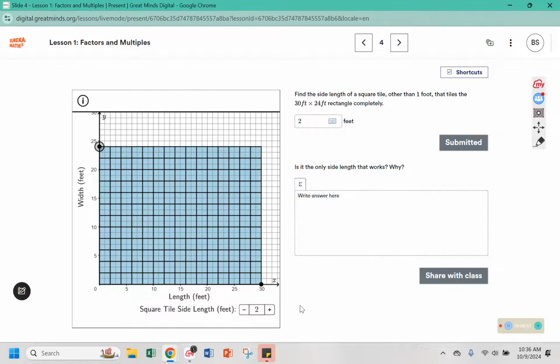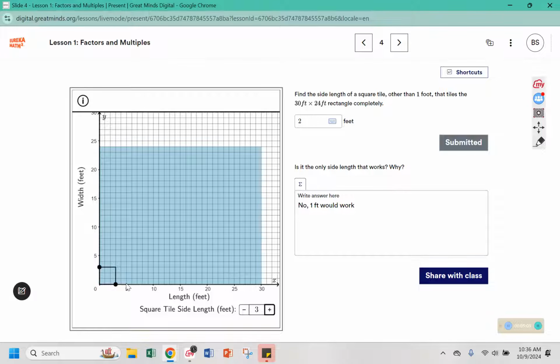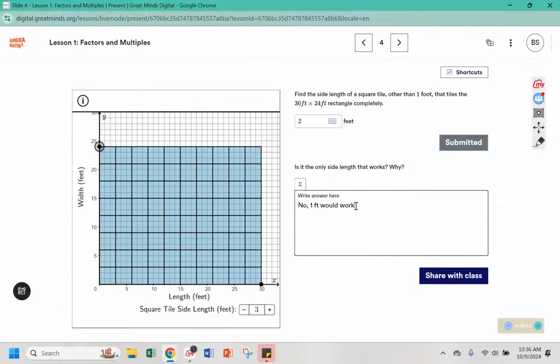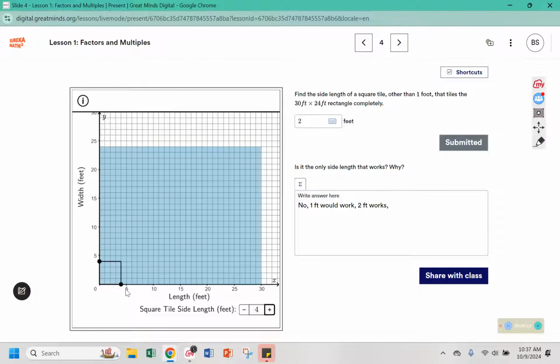Is this the only side length that works? No. We know 1 foot works. How about 3 feet? Three feet works. 4? Not perfectly. About 5. It fits that way.